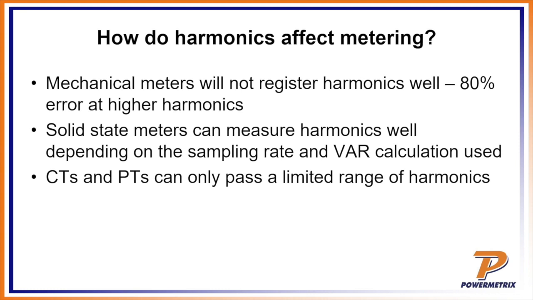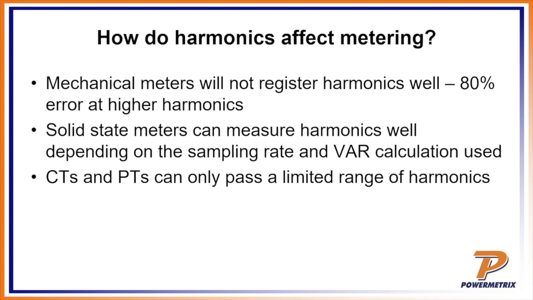Another problem we have with metering on transformer rated side is that CTs and PTs, of course, stand between the customer and the meter. Once again, CTs and PTs were ideally designed to measure the fundamental frequency of 60 hertz. As such, there will be some attenuation of higher frequency harmonics on those CTs and PTs.